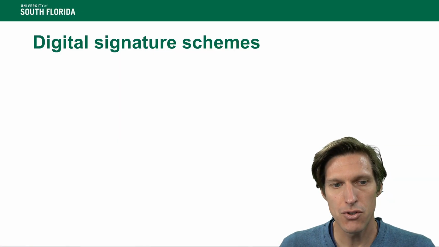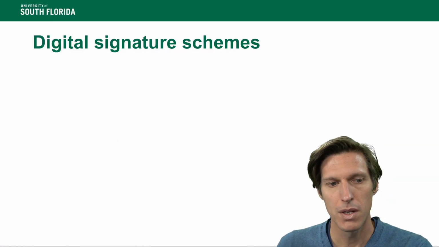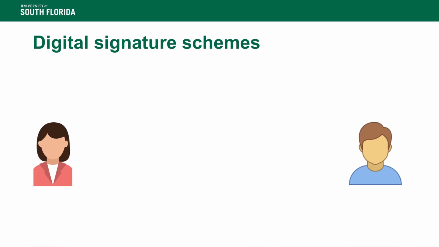So digital signature schemes, what do they do? In this scheme, you have Alice and Bob. The goal of Alice is to convince Bob of the authenticity of her message, okay? So she derives a pair of keys. One is private, one is public. Digital signature schemes in particular are in the realm of public key cryptography.